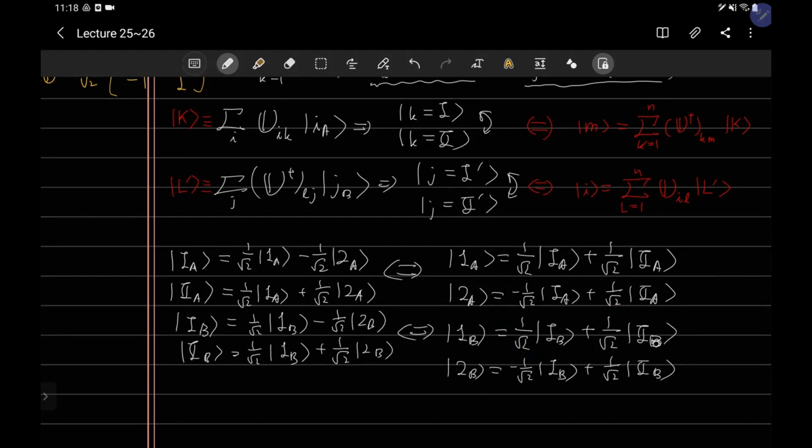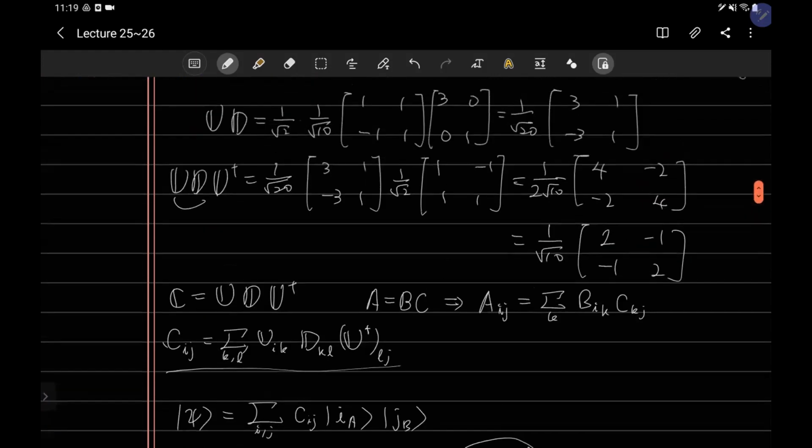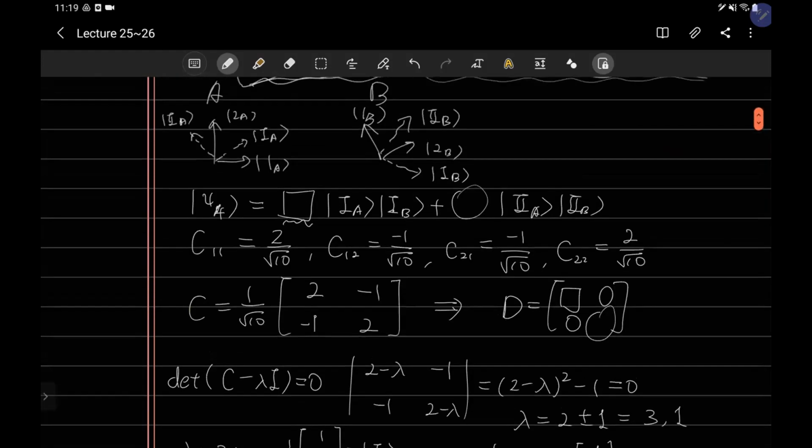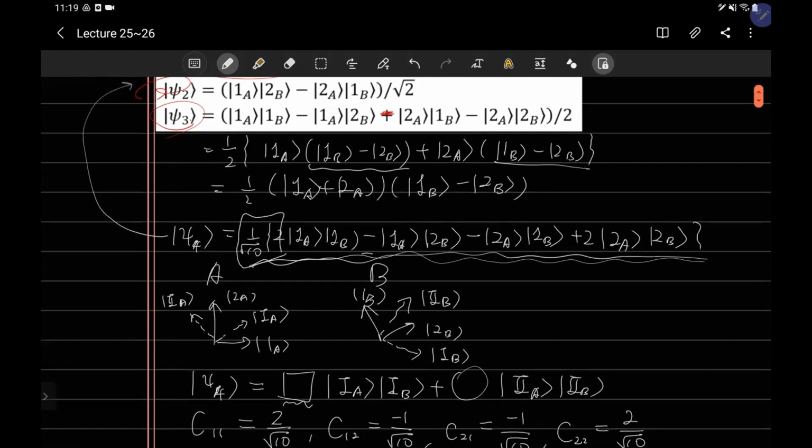Now why did I bother to change all of these in terms of the a and this Roman numeral a and b? That's because I wanted to show that the original relation, which was shown here, can be transformed into the summation of all those new orthonormal basis.